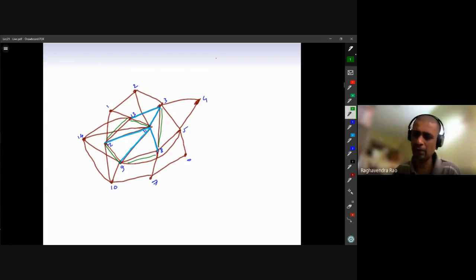Then every other possibility, I find a cycle in B as well. And of course, it's for this example. Maybe you can argue that you should take some other example. But is it clear? For this example, it is not possible.